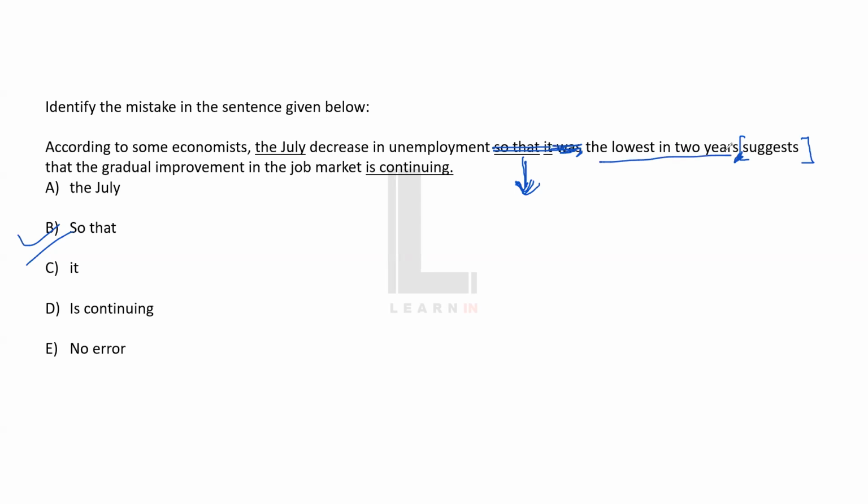The lowest in 2 years suggests. So we have to apply this. Okay. So we were not interested in doing that. We were only interested in finding the main error. We could have also used that here instead of it and this. A relative pronoun would have done. That was the lowest in 2 years suggests. This would have been better. Chalo.